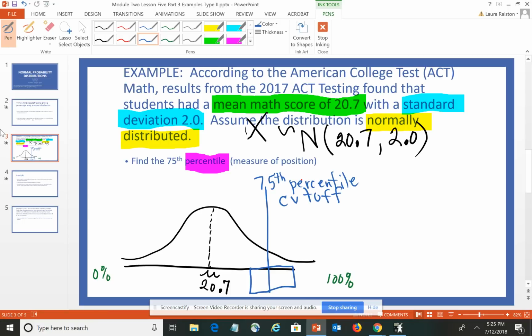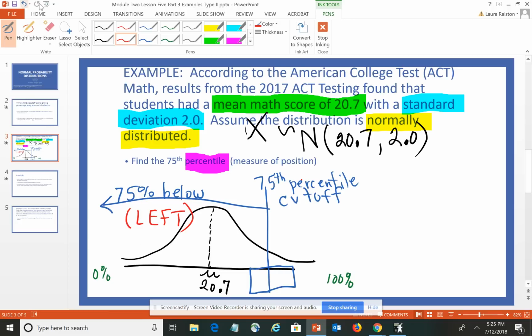Now again, by definition, that means that 75% of the data are below or to the left of that score. So in this case, we actually have been given the information about the region or the area on the left.